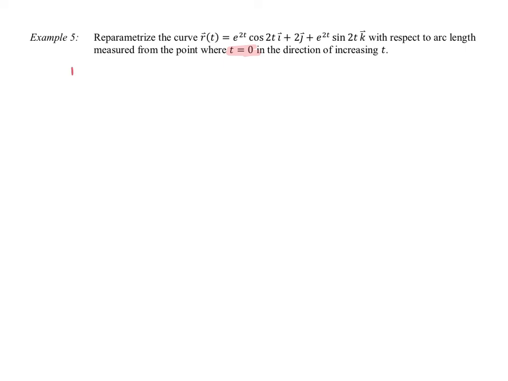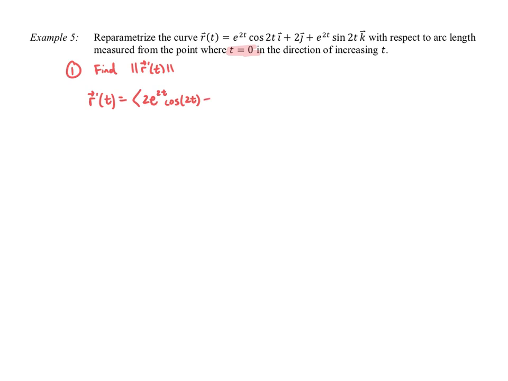So let's go ahead and organize. Our first step is that we want to find the magnitude of r prime in terms of t so far. So we have kind of an ugly first derivative here, bunch of product rule. At least the middle term is 0. That's helpful. So we have 2e to the 2t cosine of 2t, minus.